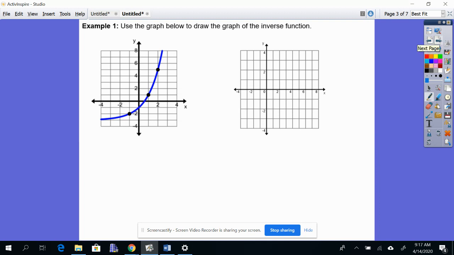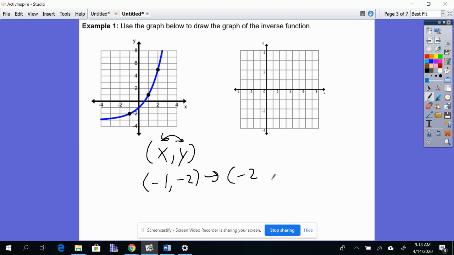Okay, talking about this graphically, all we're really going to do is we're going to take x's and y's that we know, and we're going to switch the x and y. Looking at this first point here, we've got -1, -2. So we're going to just change that to -2, -1.